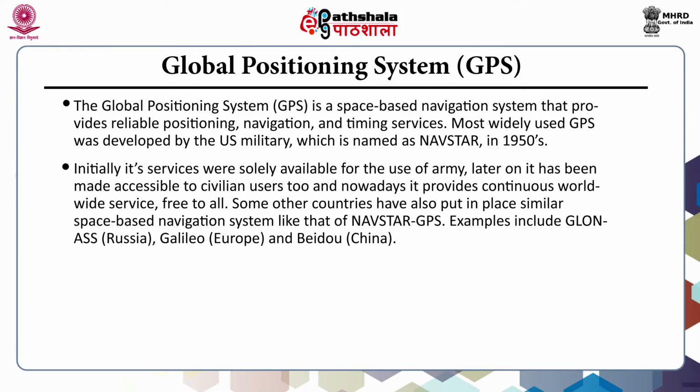Later on, it has been made accessible to civilian users too, and nowadays it provides continuous worldwide services free to all. Some other countries have also put in place similar space-based navigation systems like NAVSTAR GPS. Examples include GLONASS, which is of Russia, Galileo, which is of Europe, and Beidou, which is of China.